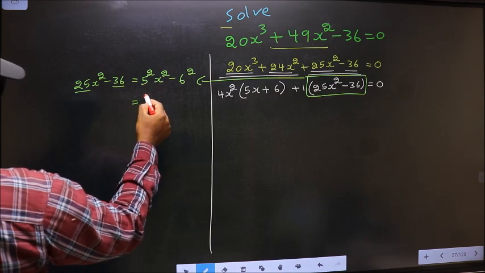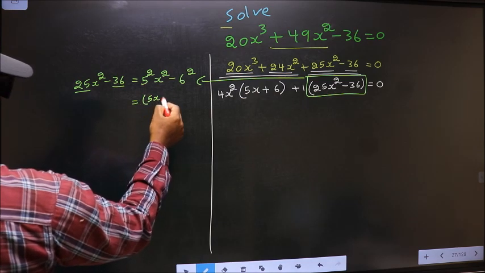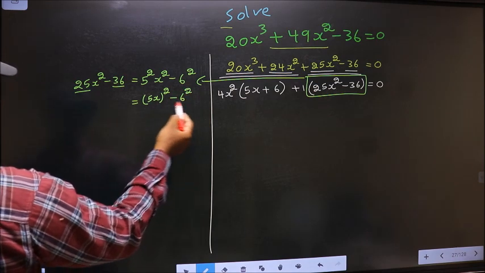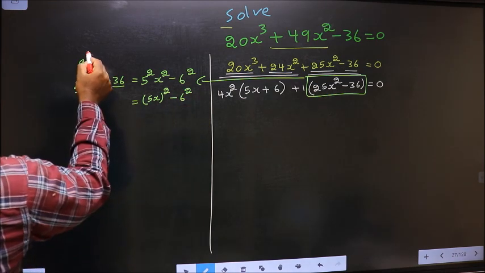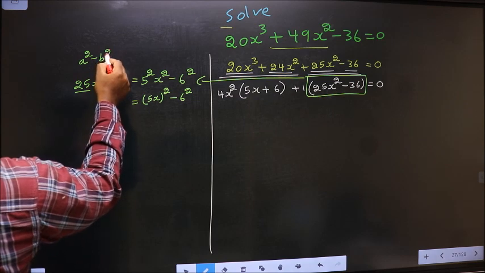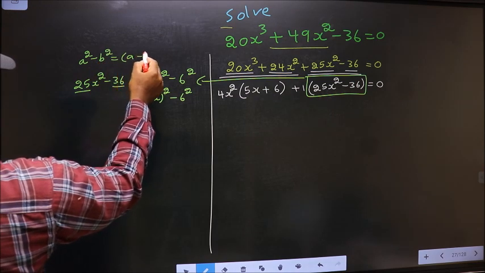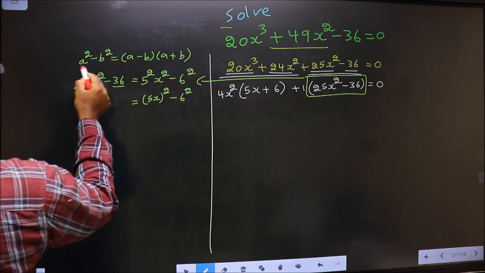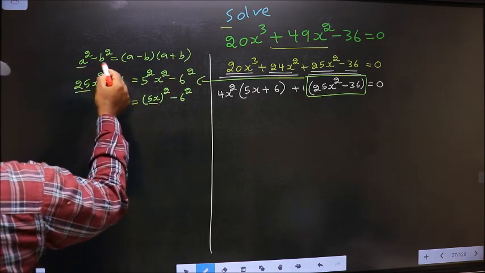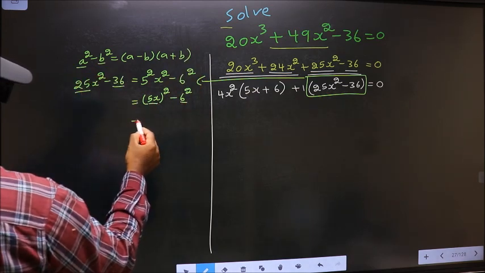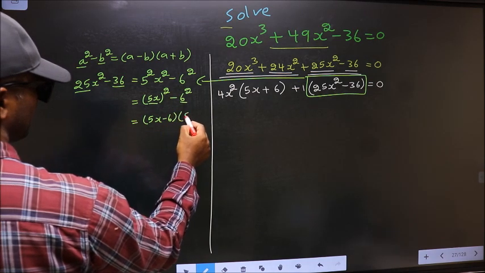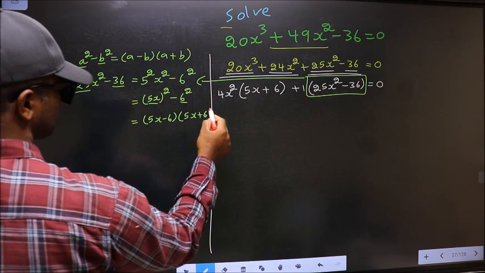So 5 square x square is nothing but 5x whole square minus 6 square. Now on this we should apply the formula a square minus b square, that is a minus b times a plus b. In place of a we have 5x, in place of b 6. So we get 5x minus 6 times 5x plus 6.